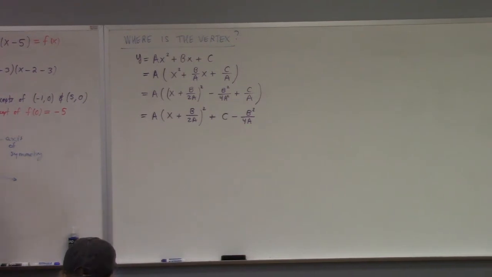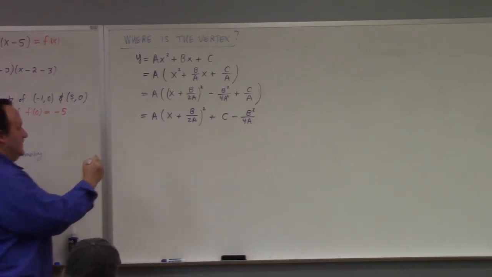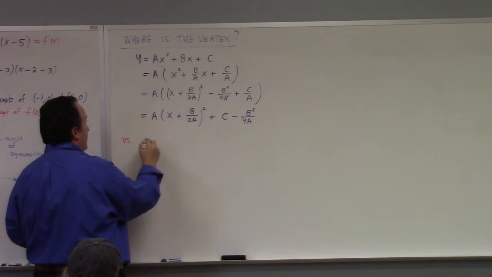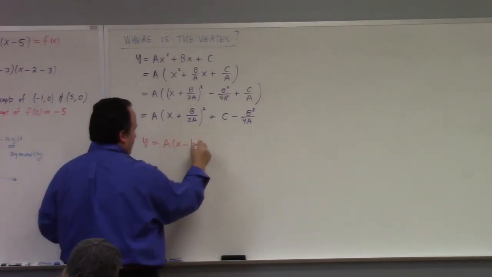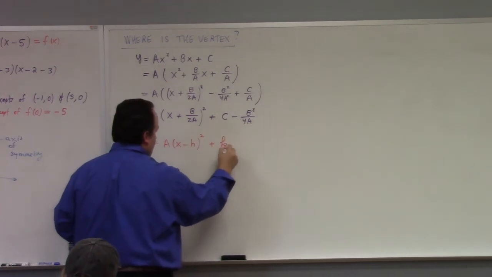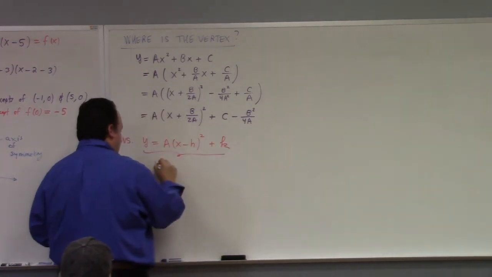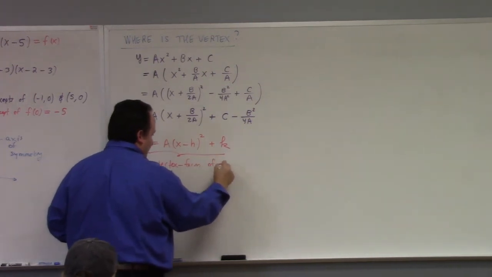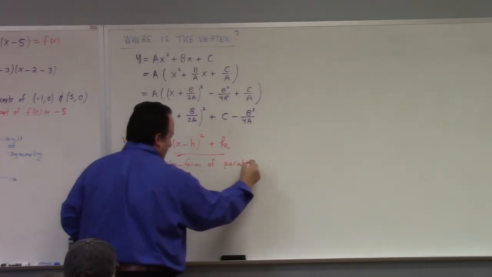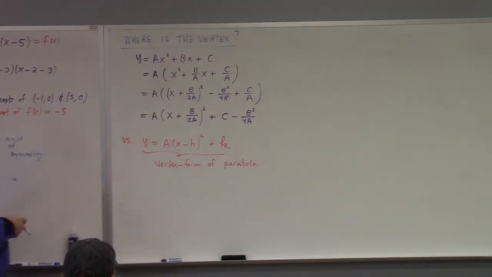So we can compare this versus y equals a times x minus h quantity squared plus k. This is the so-called vertex form of a parabola. If you can put the equation of the parabola in vertex form, it manifests where the vertex is.